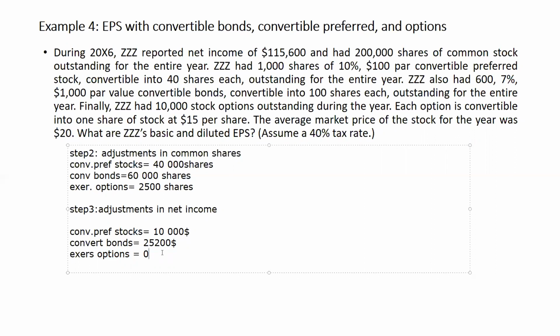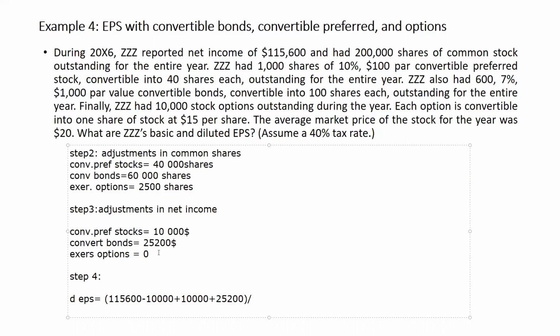Now we need to proceed to step 4, which is calculating the diluted EPS. It will be a big formula because we are adding all 3 cases into a single one. So let me open the bracket directly: 115,600 minus preferred dividends plus preferred dividends back because it's converted, and plus 25,200, the interest converted and added back to income.